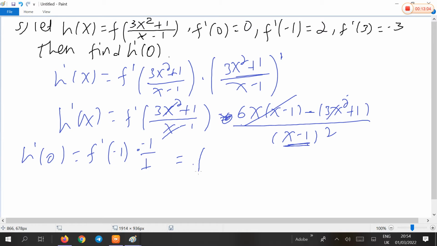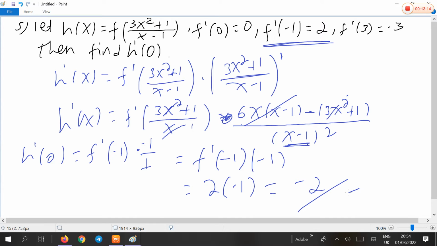So this will be f derivative at minus 1 times minus 1. F derivative at minus 1 is given, which is 2, twice of minus 1 is minus 2. The h derivative at 0 is minus 2.